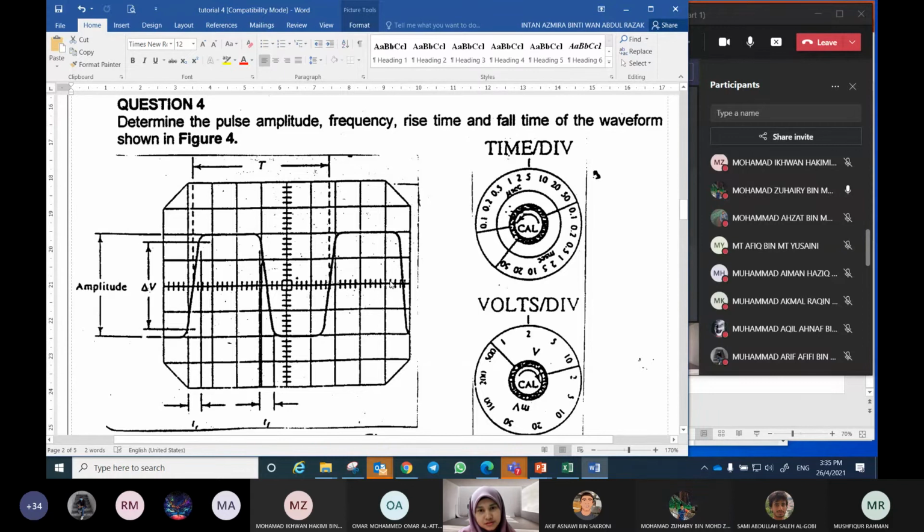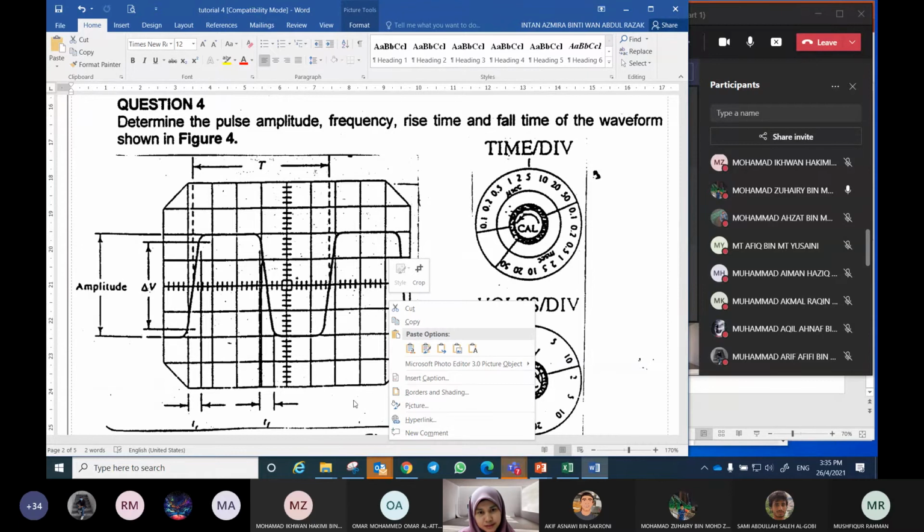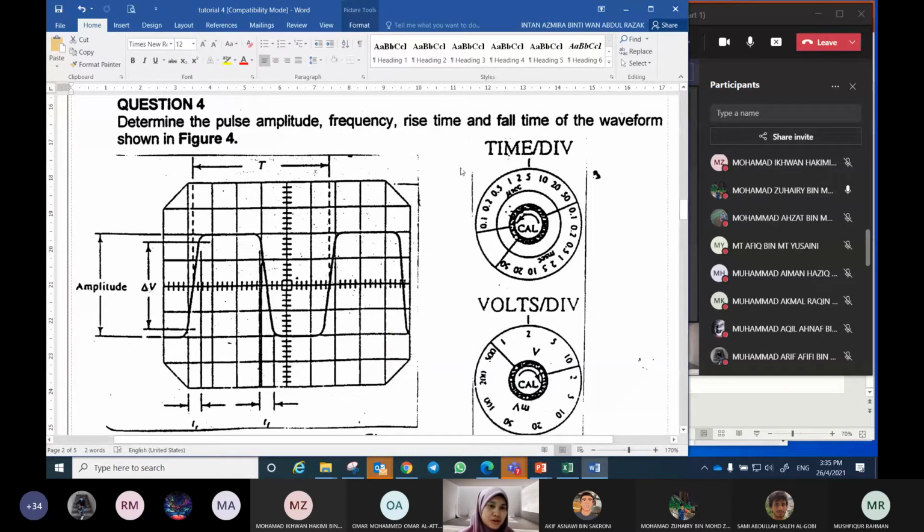Okay, how to calculate? 2 times 2. How many divisions? Division is 2, and then volt per division is 2. But that is peak voltage.